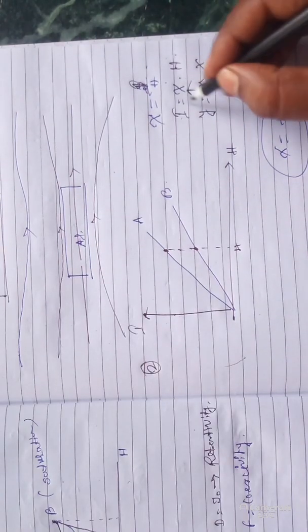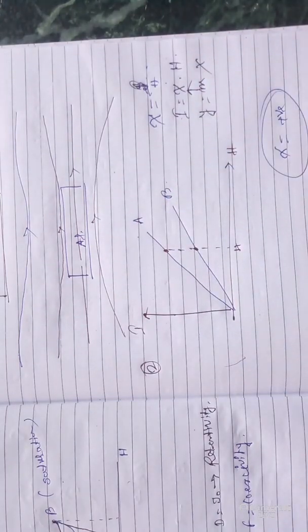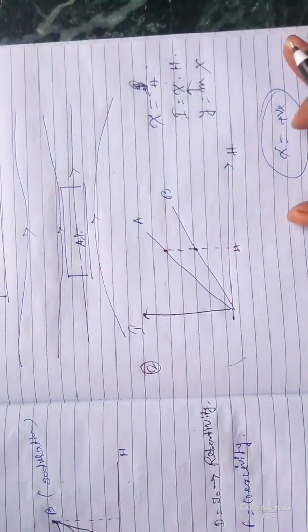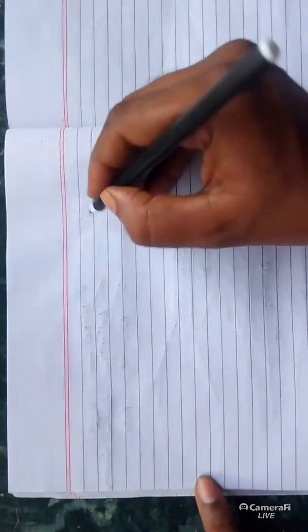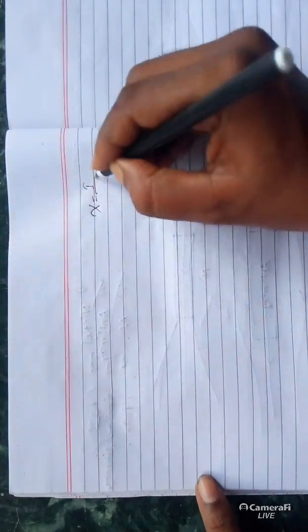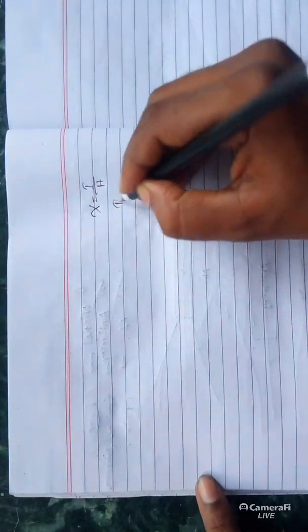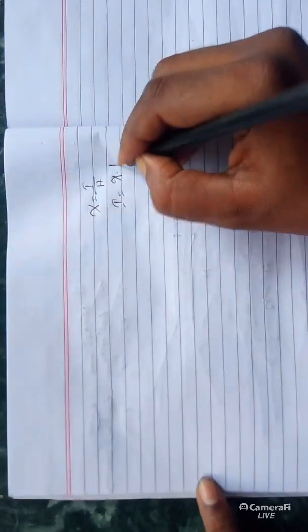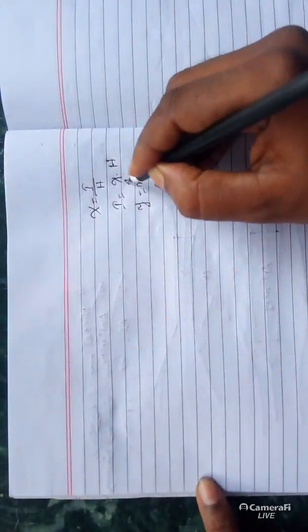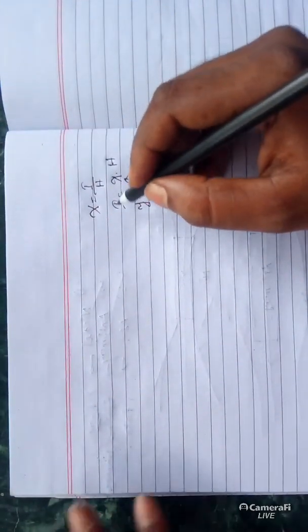So can you calculate the value of chi A and chi B? I am drawing that diagram once again so that you can understand. Chi is equal to J by H or I by H. I is equal to chi into H, so it is a y is equal to mx type graph, where the slope gives the value of chi.